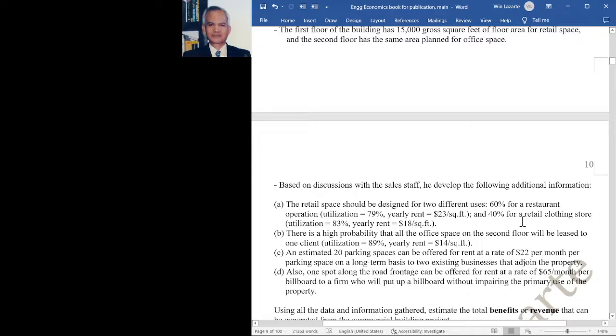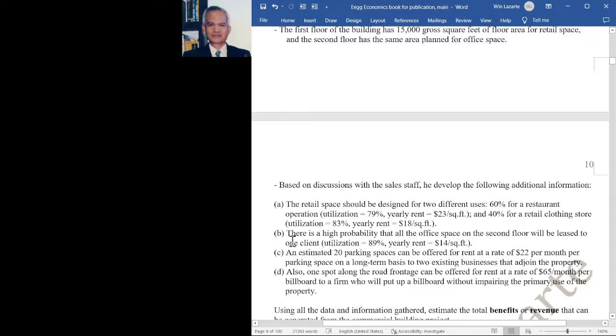For the retail clothing store, its unit benefit factor is the yearly rent of $18 per square foot, and its number of units in square feet is the product of the 83% utilization, the 40% space allocation, and the 15,000 square feet of floor area of the first floor.